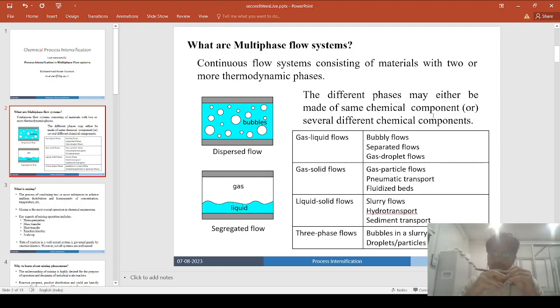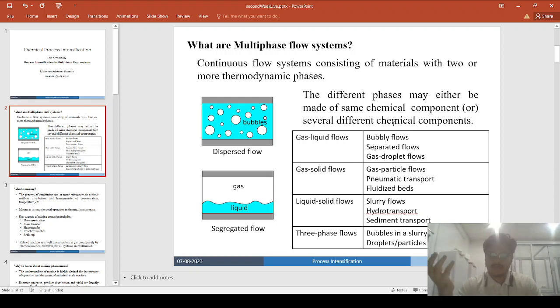Now in another example, two different phases may be made up of different chemical components. Here comes the example of oil and water. You take some vegetable oil and some water, and you put both of them in a container, a glass, your tumbler.